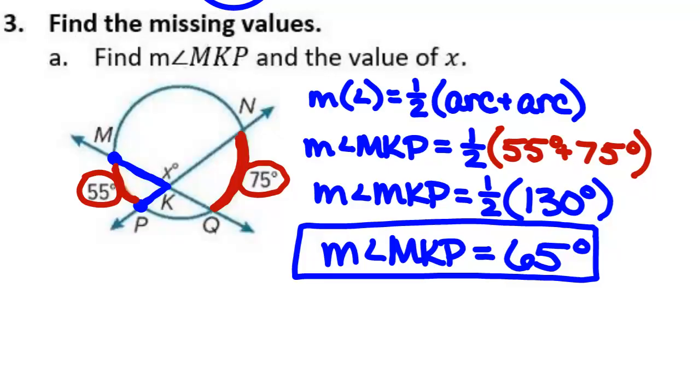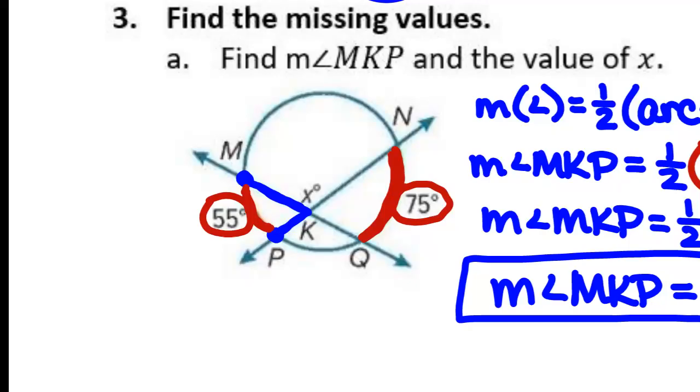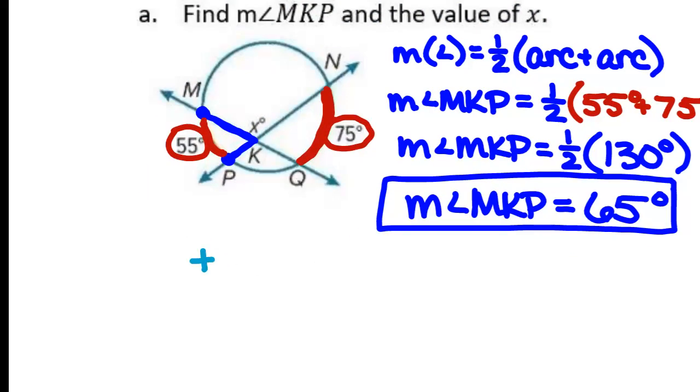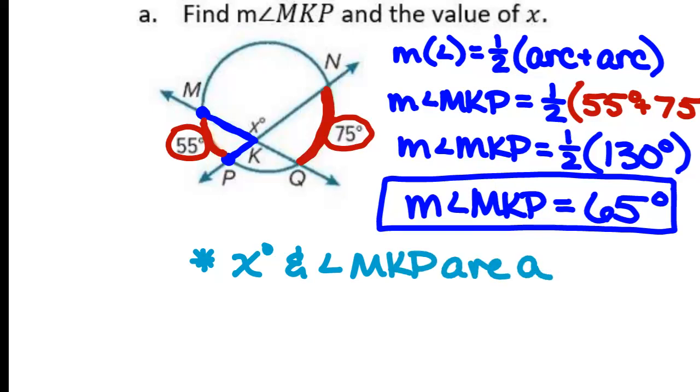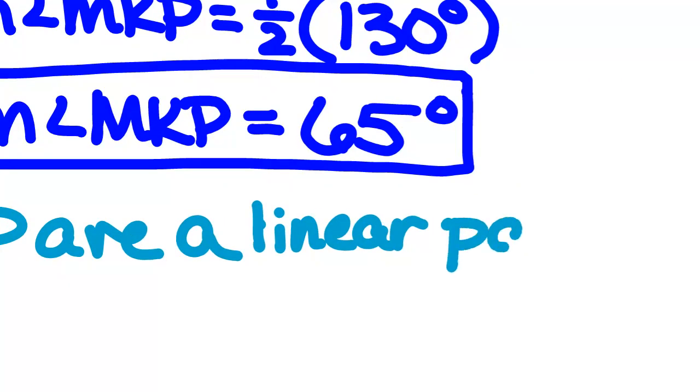They also wanted me to find the value of x. X forms a linear pair with angle MKP. And what do we know about linear pair angles?